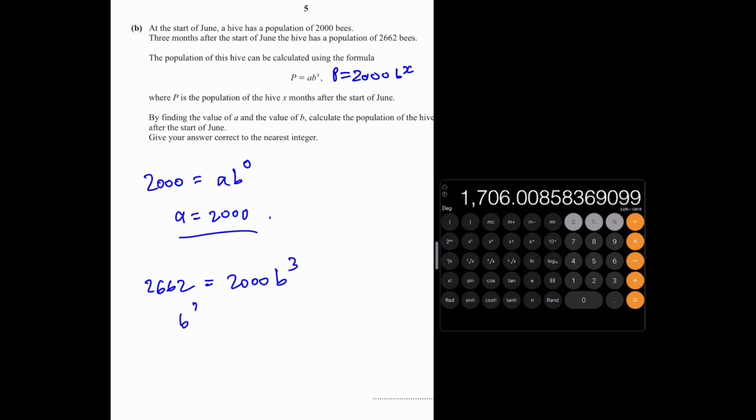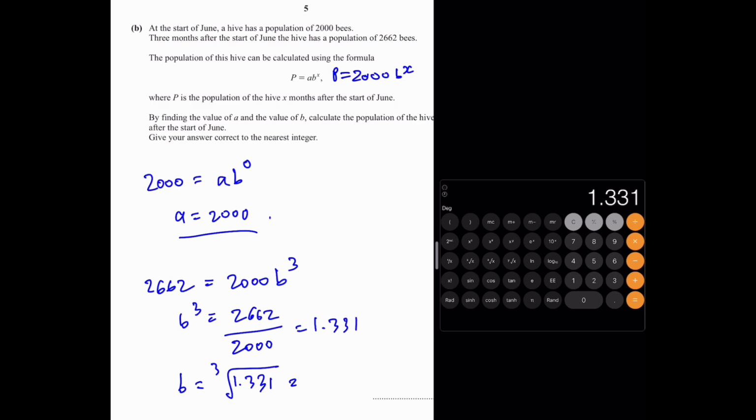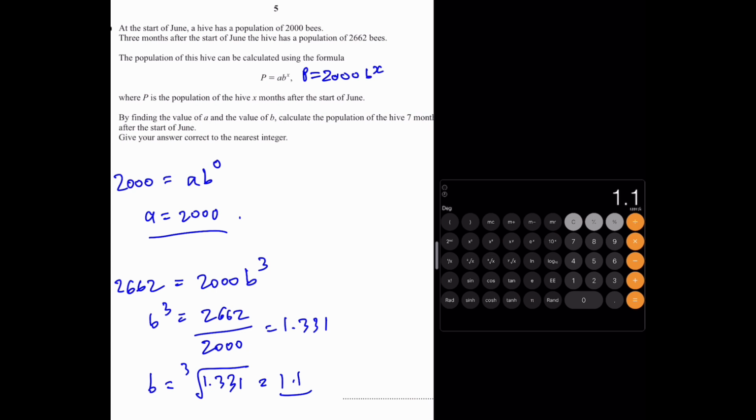So B cubed is going to be 2662 divided by 2000, which is 1.331. And B is equal to the cube root of 1.331. And doing this on a calculator, 1.331 cube root to get 1.1. And now we know the A and B values.